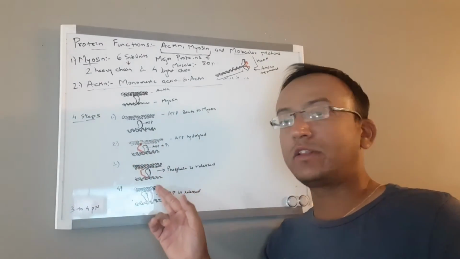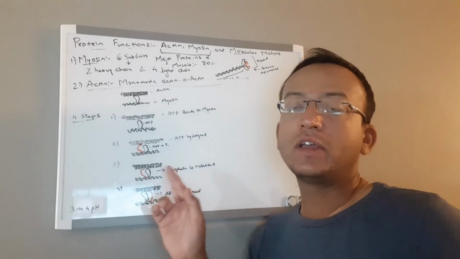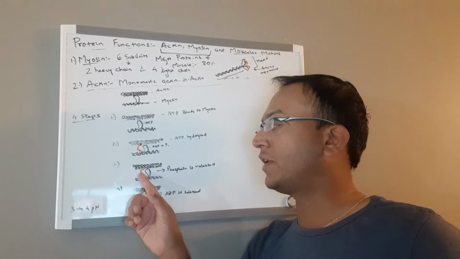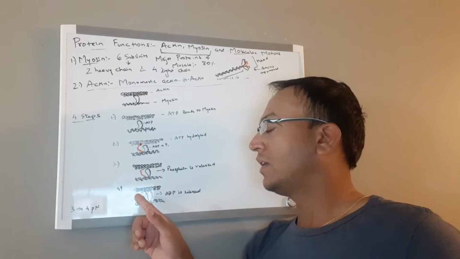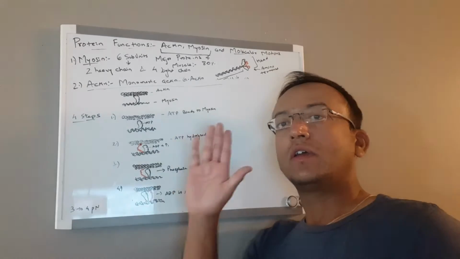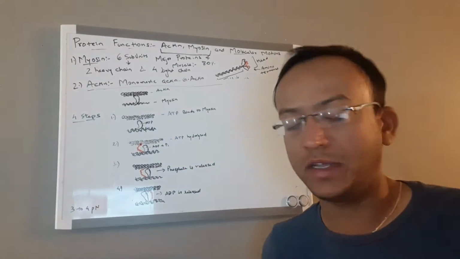Then in state 3, phosphate is released, and because of this the cleft is closed and it is released from here, and quickly the ADP is also released, and this force moves the myosin head back to the original resting stage, right?